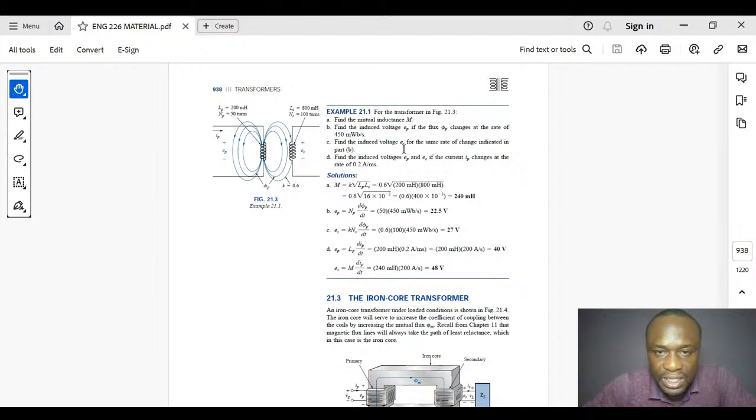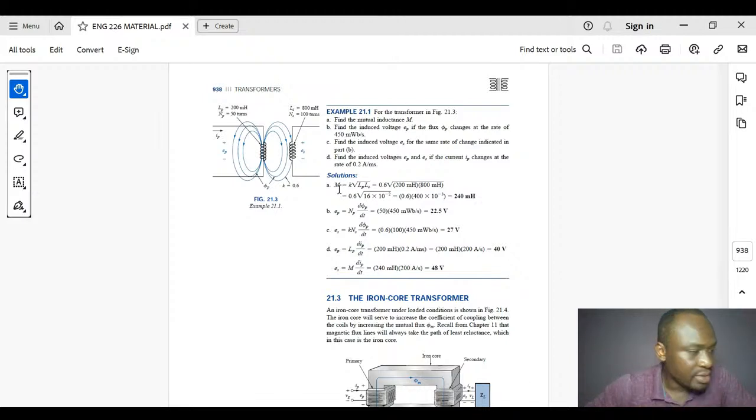Find induced voltage ES for the same rate of change indicated in part B. Then find the induced voltage EP and ES if the current IP changes at the rate of 0.2 amp per millisecond.